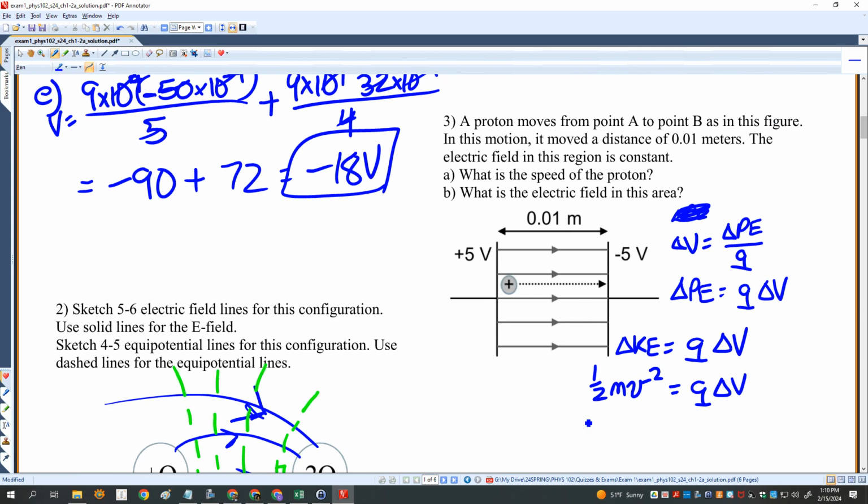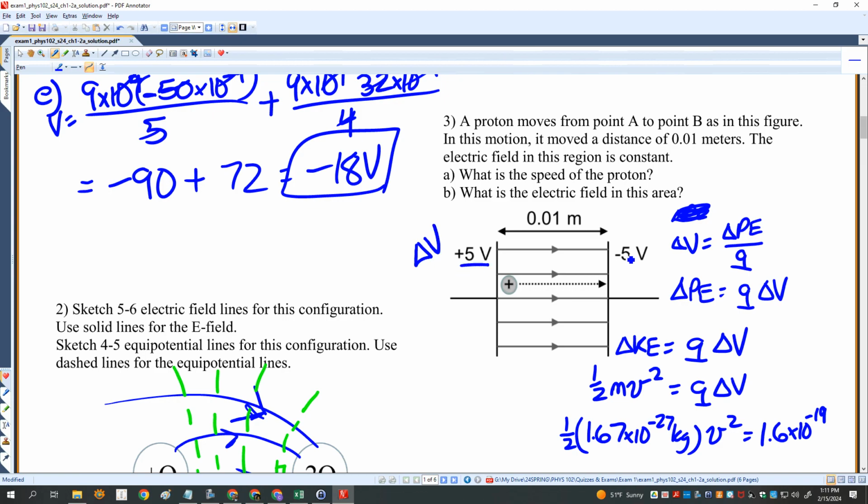So 1/2 of the mass for a proton, that's 1.67 times 10 to the minus 27 kilograms. That's on your equation sheet. It times v squared is equal to 1.6 times 10 to the minus 19, the fundamental unit of charge, times delta V.